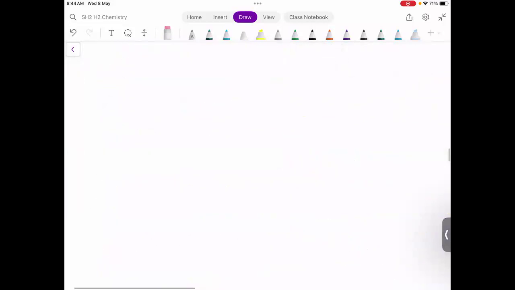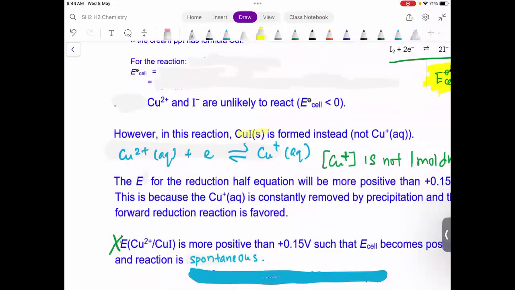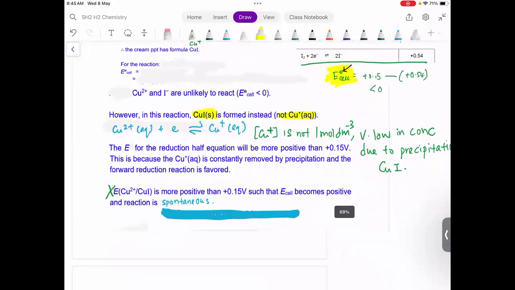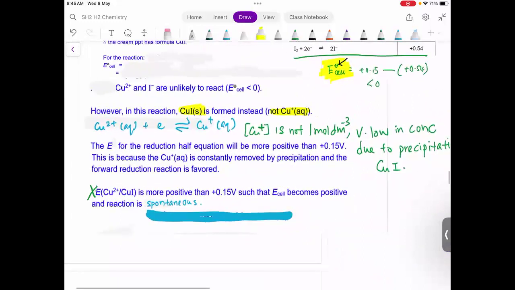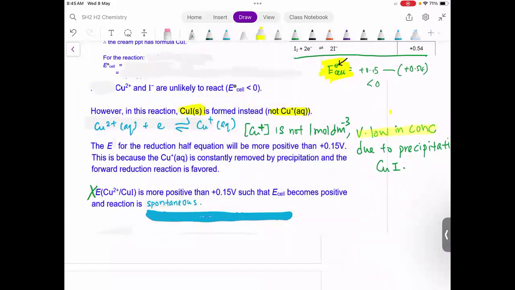So we need to highlight that copper 1 solid PPT is being formed. This means that your copper 1 can never hit 1 mole per dm cube. It's constantly kept very low in concentration due to precipitation of copper 1 iodide.